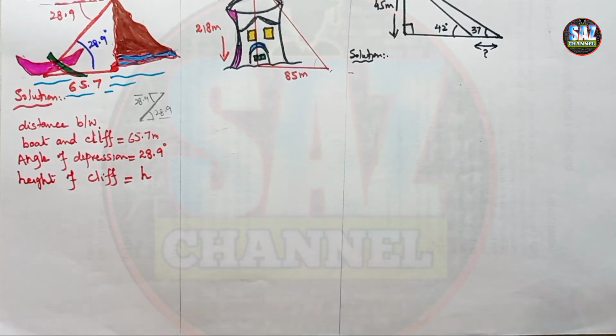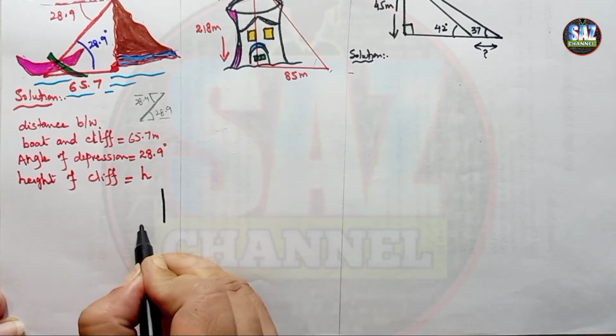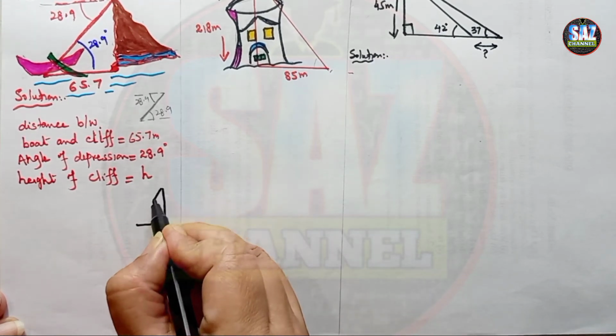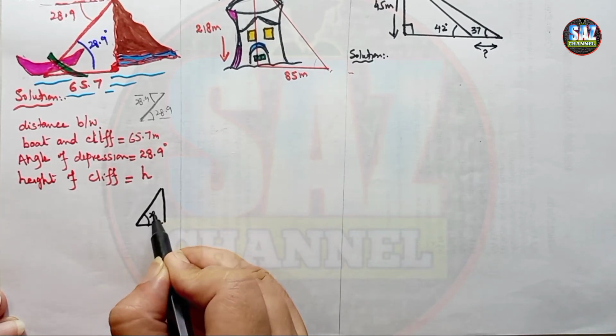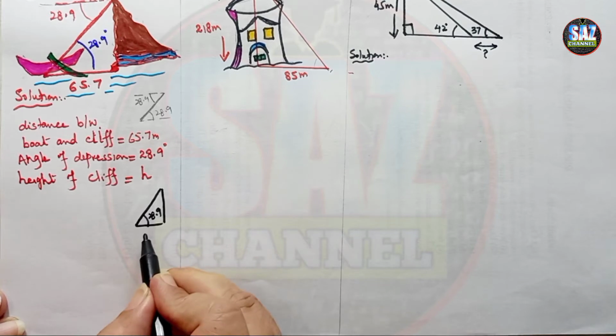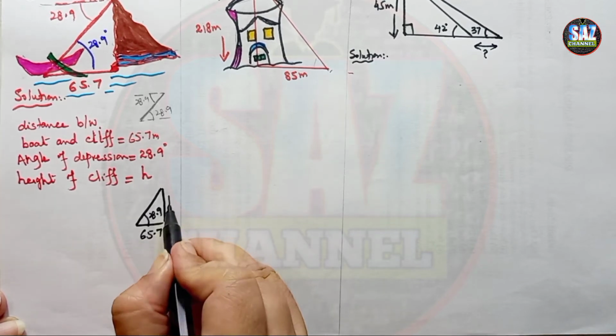Okay, now it's the time to sketch the diagram according to the data given. Let me make a small right triangle here. This is 28.9, this is 65.7, and this is h.